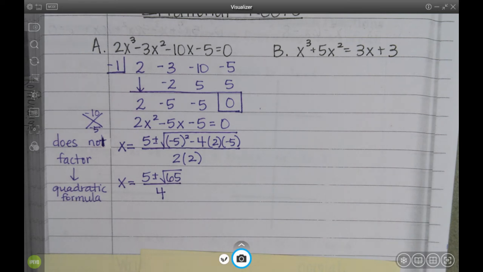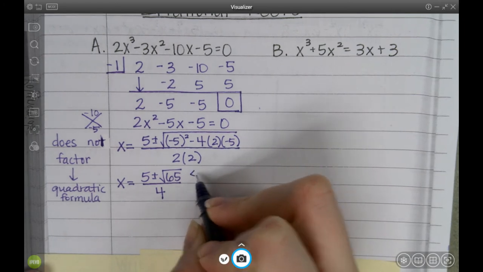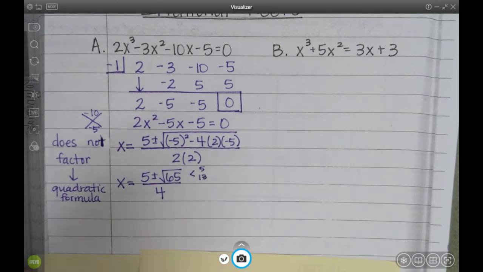Second mode. That takes you off the graph. It takes you back to your home screen if you do second mode. Okay, does the square root of 65 simplify at all? It breaks down into 5 and 13.